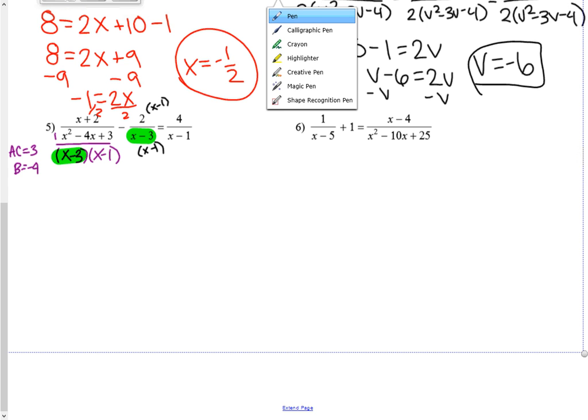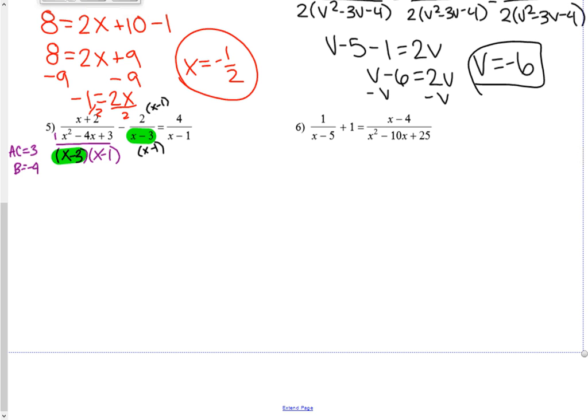My third fraction, I notice that that has x minus 1 in common with my first fraction, but it doesn't have the x minus 3 that those 2 fractions have. So I'm going to multiply that third one by x minus 3. Okay. So when I write this out, my first fraction didn't change, so I have x plus 2 over x minus 3, x minus 1.